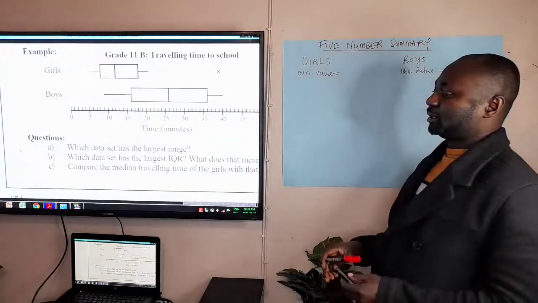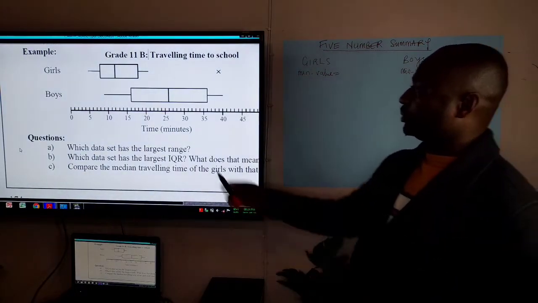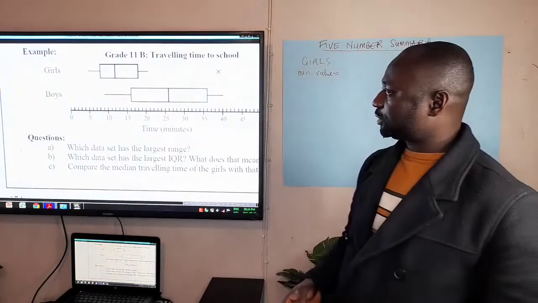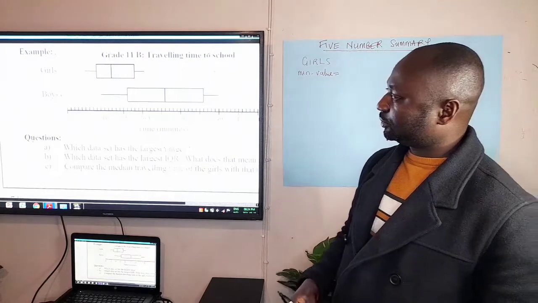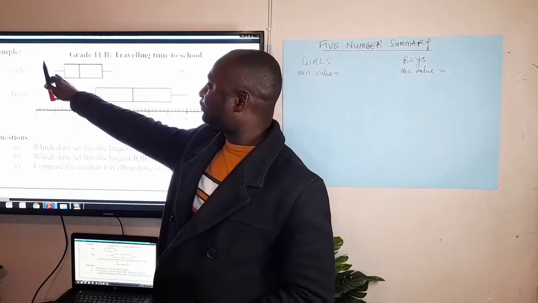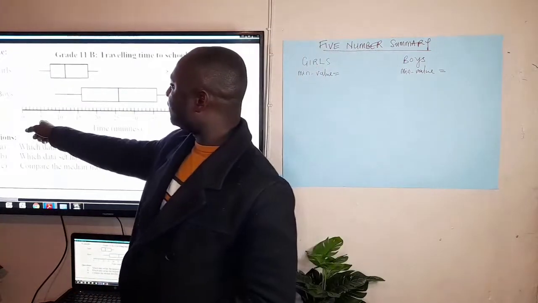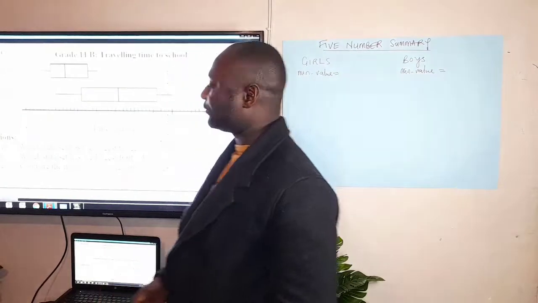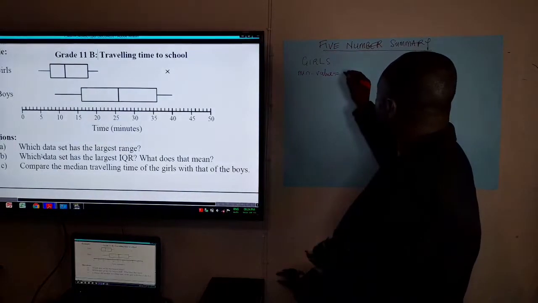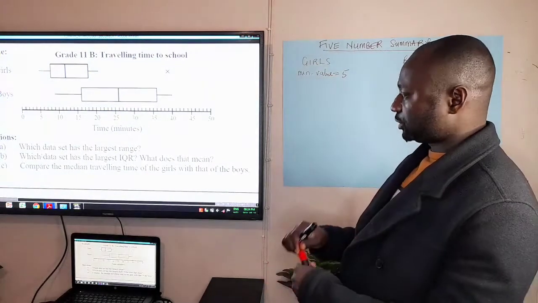Now when we look at the minimum value for girls, so we go to the data and check our minimum value. If you read it on the number line where the whisker ends, you can see it's 5. It's 5, so our minimum value is 5 for girls. Let's go and read for the boys.